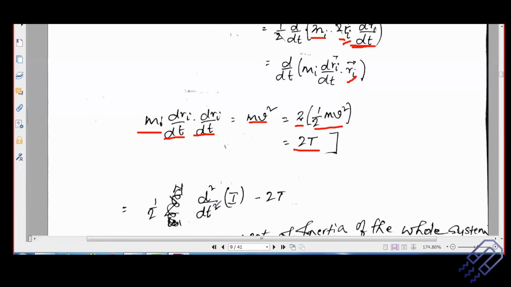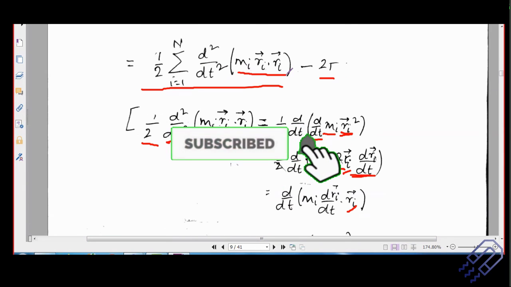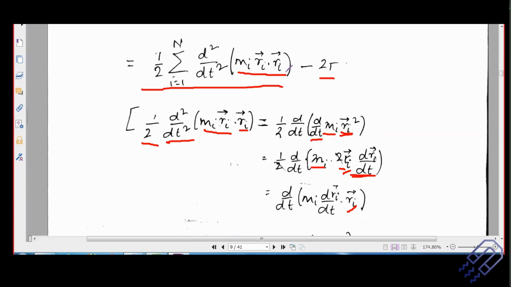Next, let's go to the next step now. Half d²/dt² of I. I think this is not very complicated. See, this is m r square, and if we consider that r is the position vector with respect to origin, then we can simply say that this r is nothing but the radius of gyration, right? If you remember, mass into r square, radius of gyration square, will always give you the moment of inertia.